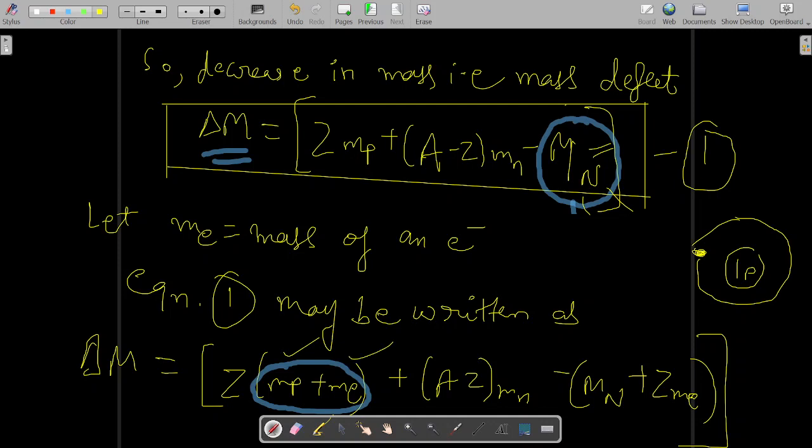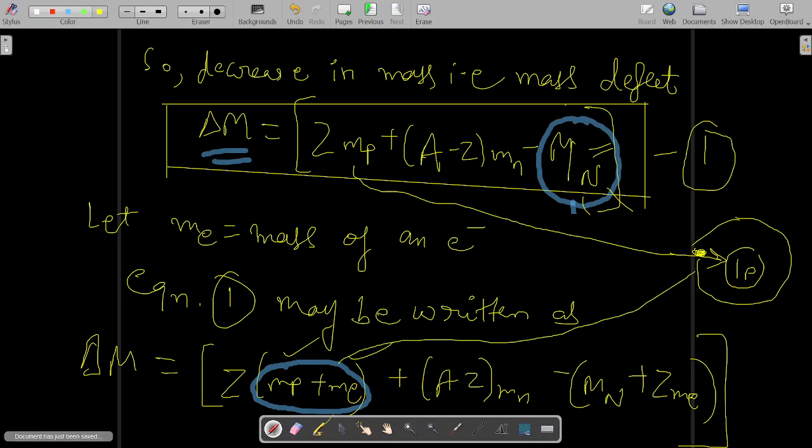And what was Mp? Small mp was the mass of the nucleus of a hydrogen atom. But as soon as I add the mass of an electron, it gets converted into the mass of an atom instead of nucleus.